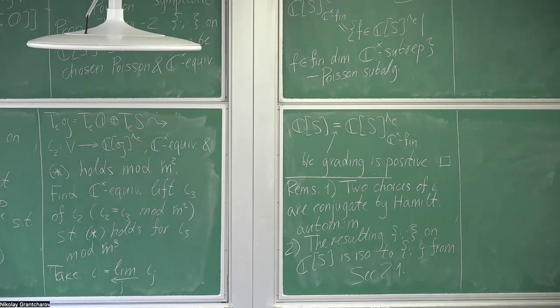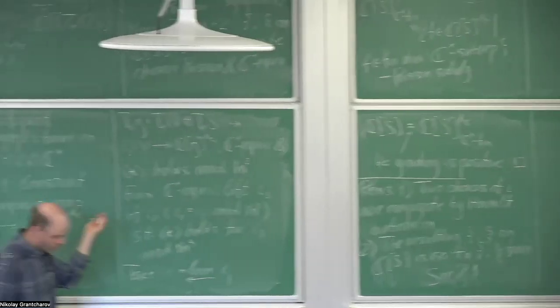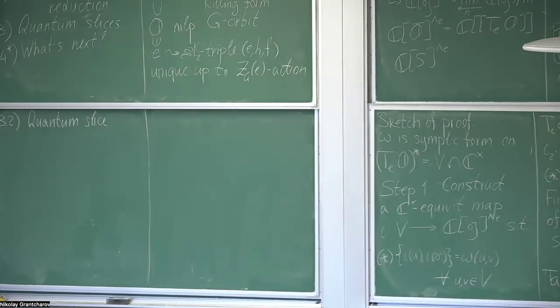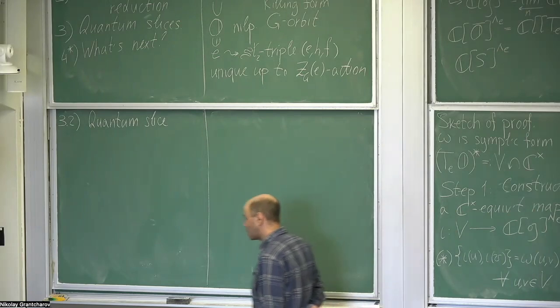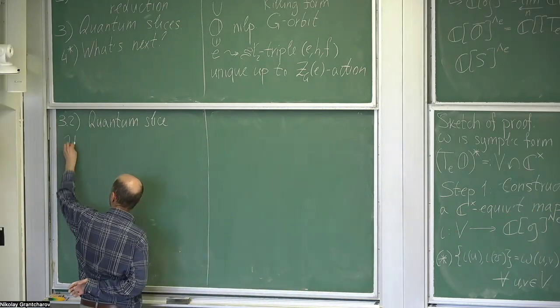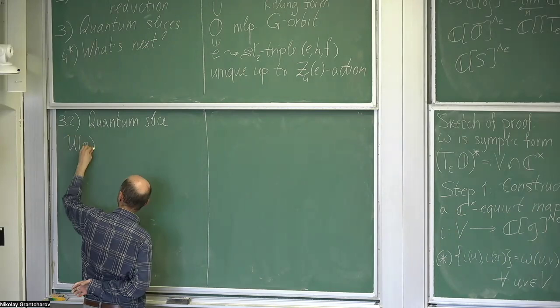So now, the last part. I want to explain the quantization of this construction. And so again, you look at the construction of the Poisson bracket and you just try to replace all the ingredients on the level of quantizations. So what I'm going to do is take my universal enveloping algebra U of g.